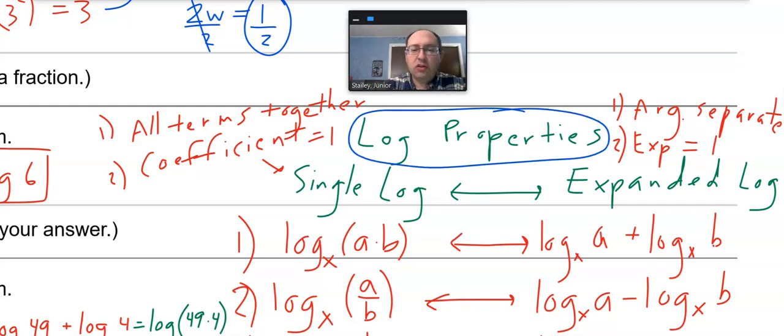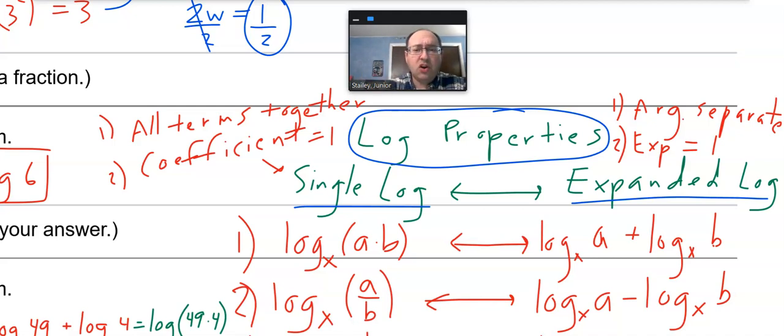There are 3 and 1 extra, so a total of 4, but the 1 is separate from the other 3. The log properties that we're referring to allow me to change something from an expanded logarithm back to a single logarithm, or from a single logarithm back to an expanded logarithm. Okay, and I'll explain the difference.